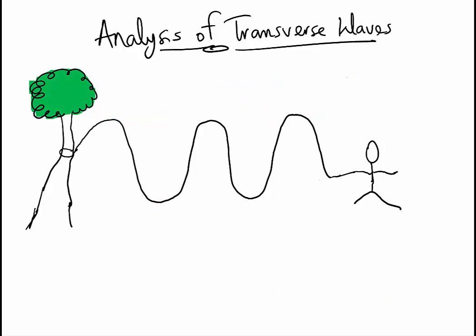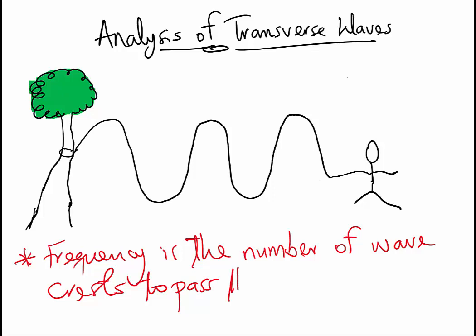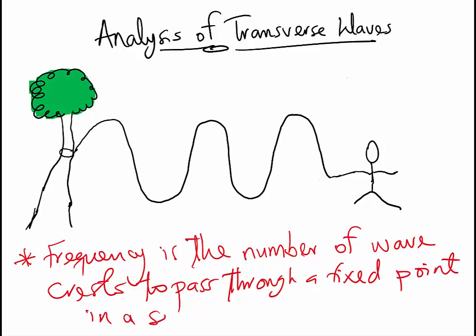Another important property of a wave is its frequency. So what is the frequency of a wave? The frequency of a wave is the number of wave crests to pass through a fixed point in a second.